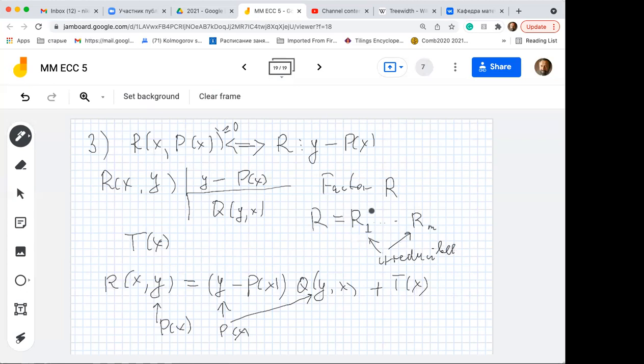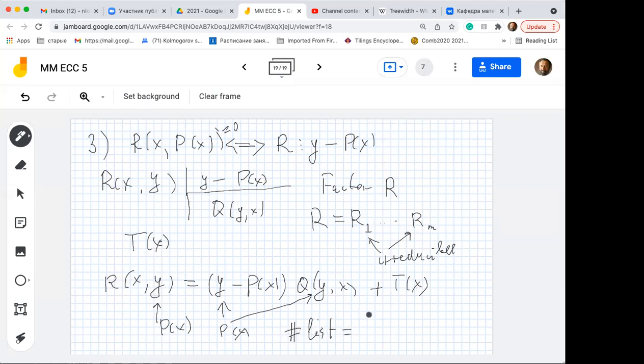And we look at all those polynomials which are linear polynomials in y. Every such polynomial may be represented as y minus something, and for all such polynomials, we obtain one entry in the list. And we know that our polynomial is in the list because we know that r is divisible by y minus p of x.